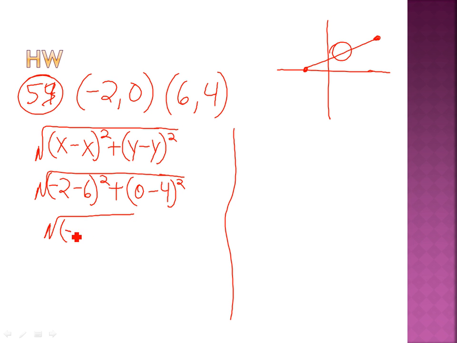-8. -4. Be careful. What's -8 squared? 64. Positive 64. What's -4 squared? 16. When you get to this point right here, if you got any negatives left, you messed up somewhere.